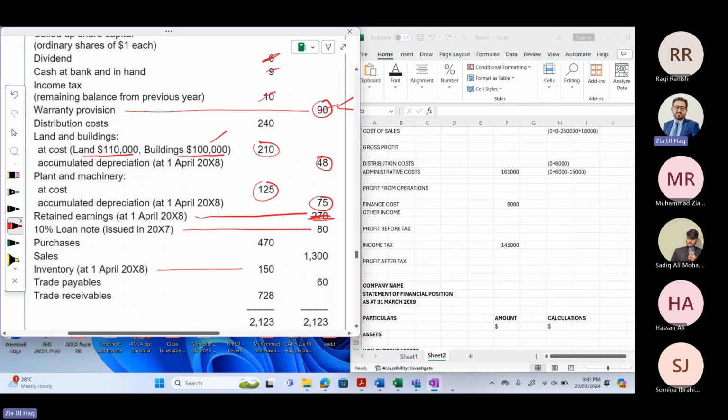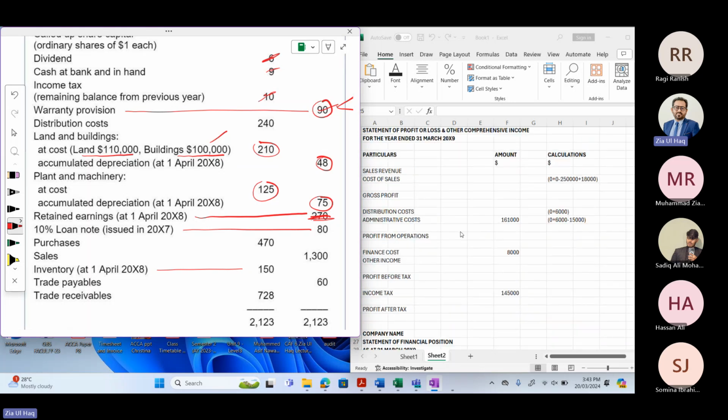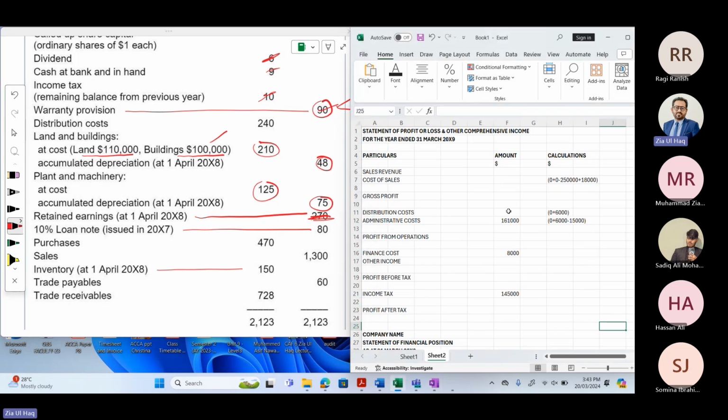Provision we have done, and distribution costs are 240,000. Where is distribution cost? This. So 240,000, in which we need to add how much? 6,000. So plus 6,000 makes 246,000. So this is also done.